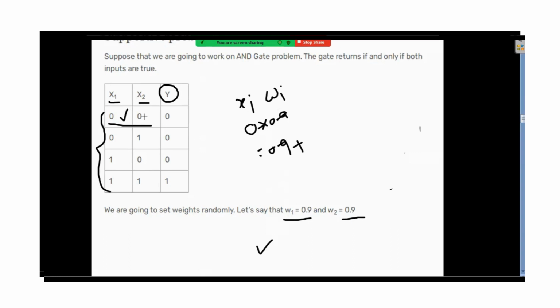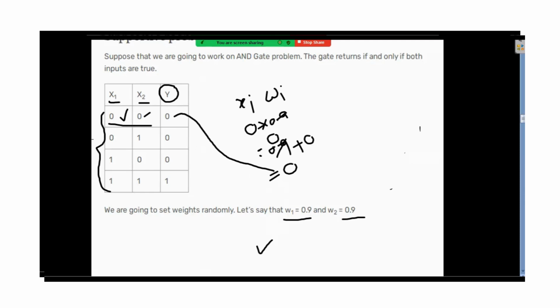Now let us consider this one. Again, 0 is multiplied with 0.9, and we get 0 here. And again, when we multiply 0 with 0.9, we get 0. And when we add both, we get 0. So this is the obtained output and this is the expected output. What you observe is both are matching, hence no error.